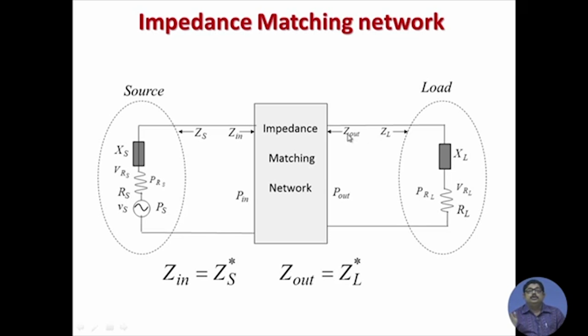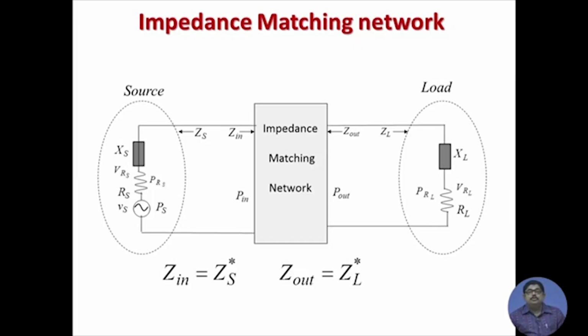Now, these two he should try to conjugate match, so that the source impedance and the input impedance Z in should be conjugately related. Also on the output side, the load impedance and the output impedance should be conjugately related. Then between load and impedance matching network, you will not have any mismatch problem. Between source and the impedance matching network input, you will not have any mismatch problem.